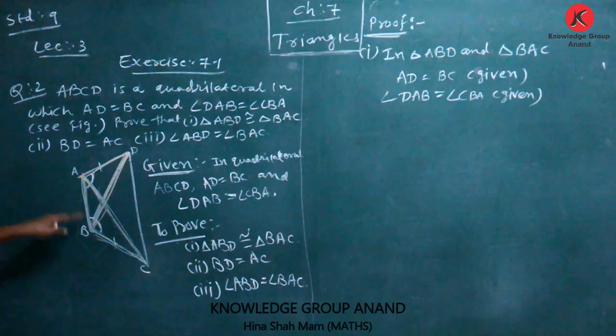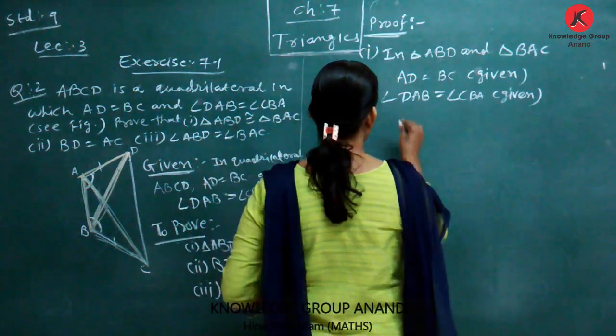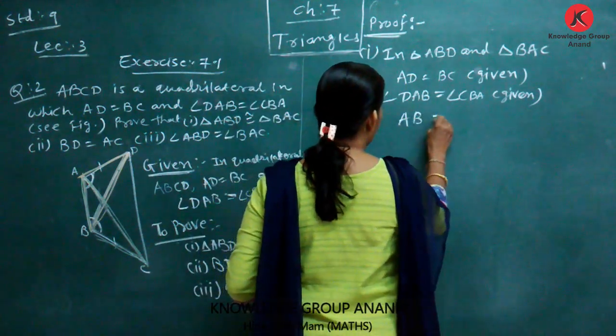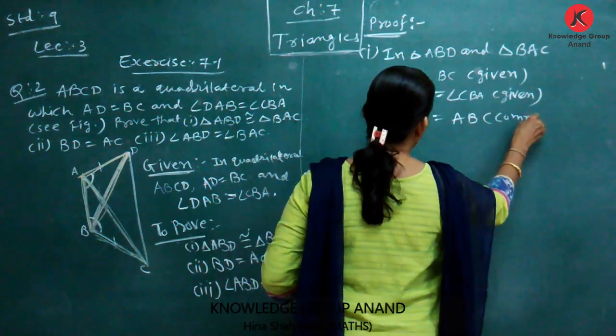Which part is common? AB. AB is the common part in both triangles. Therefore, we write AB is equal to AB, common.